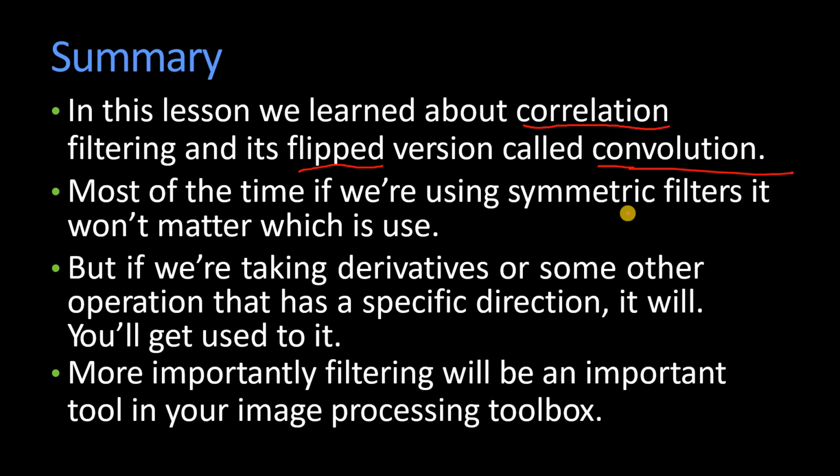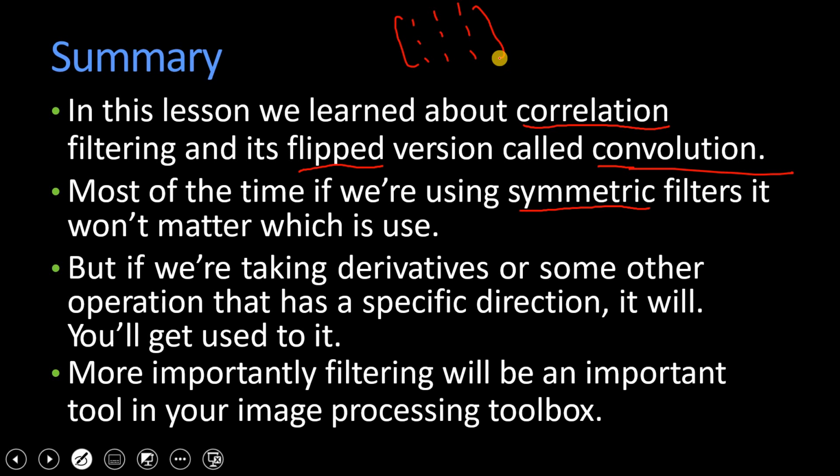Most of the time, if your filter is symmetric, then convolution and correlation have no difference, they are the same. So what does it mean? If you have a filter like this, all of them are 1. In this case, if you rotate it 180 degrees, the result is the same, no difference. So for such filters which are symmetric, there is no difference between convolution and correlation.